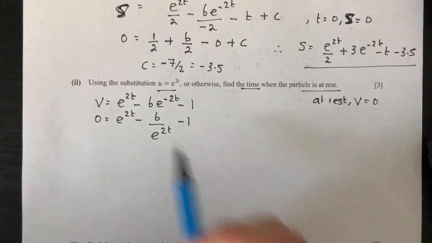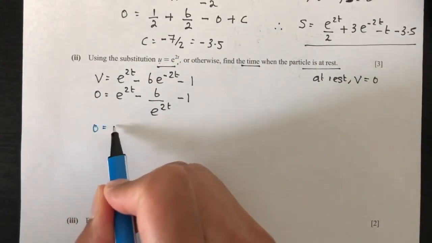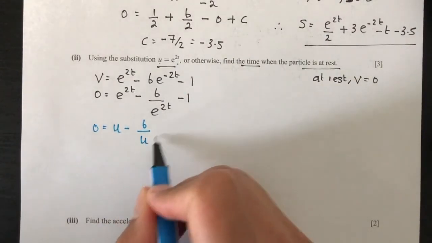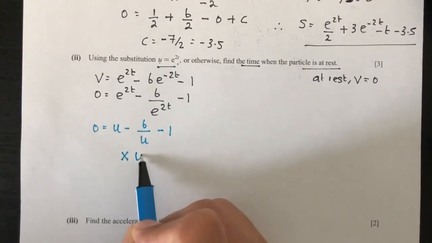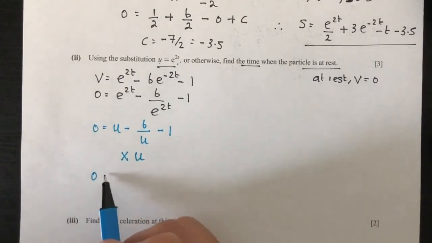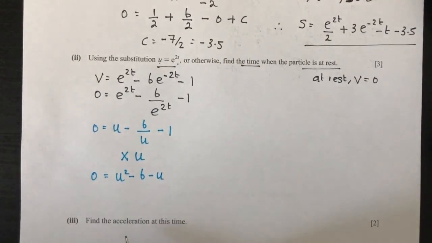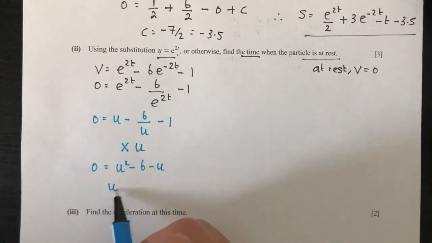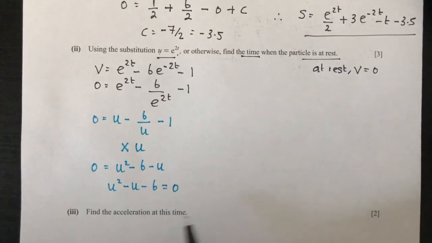Now we have to use this substitution, so pretty easy. That is 0 equal to u minus 6 over u minus 1. So now to eliminate this u, we have to multiply everywhere by u. That will become 0 equal to u squared minus 6 minus u. So if you rearrange this, that will become u squared minus u minus 6 is equal to 0.